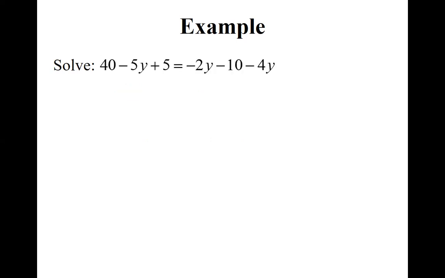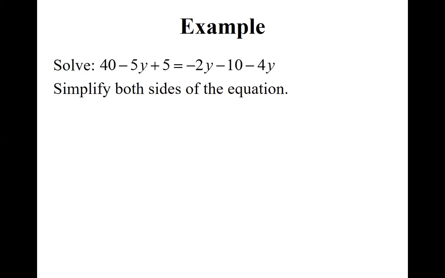Next up, 40 minus 5y plus 5 equals negative 2y minus 10 minus 4y. We have no parentheses to get rid of, but we can simplify both sides of the equation. We have like terms on the left and we have like terms on the right.